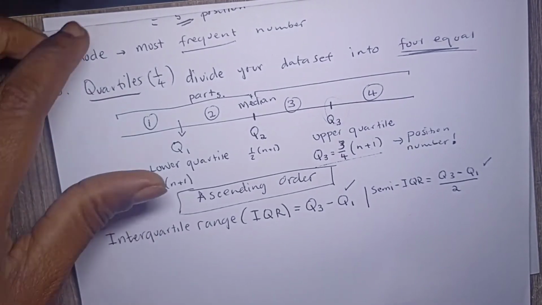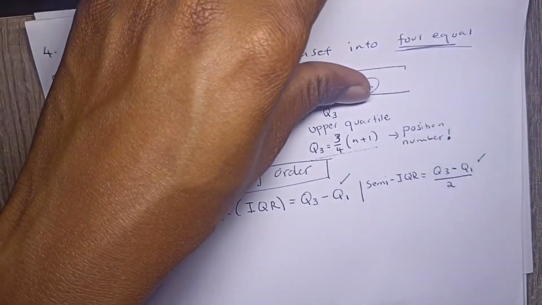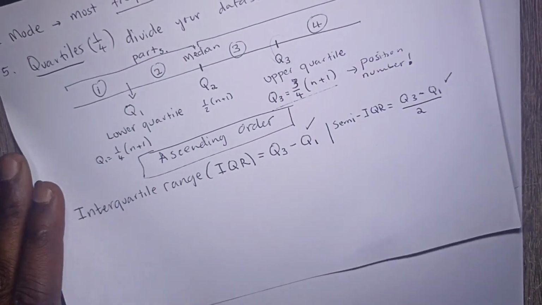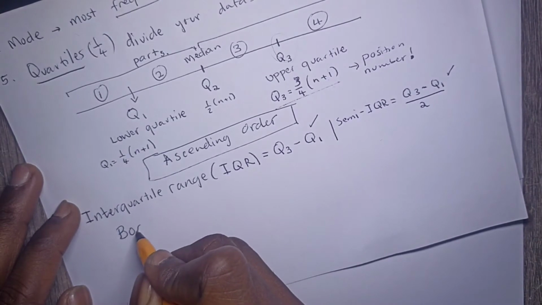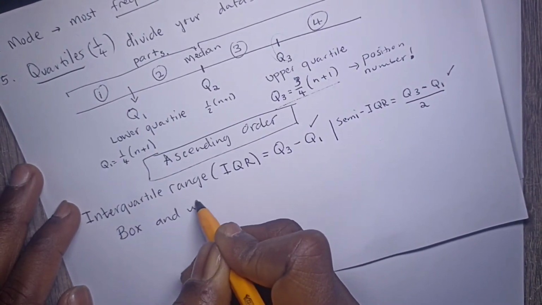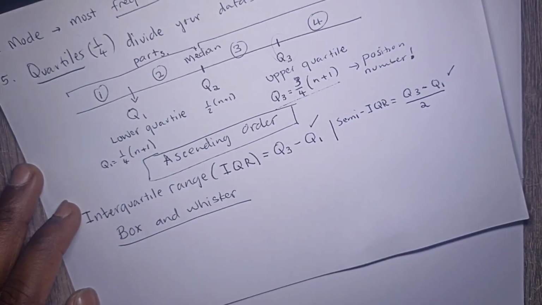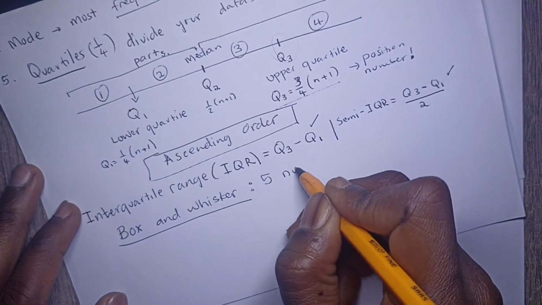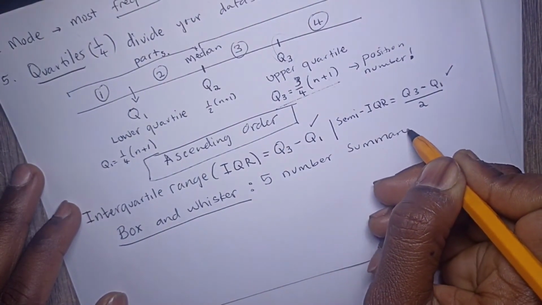Then the last part is to find your box and whisker. They can say find your box and whisker, meaning represent your information in a diagram so that you're able to interpret. To do your box and whisker, you need to identify the 5-number summary. Very easy.